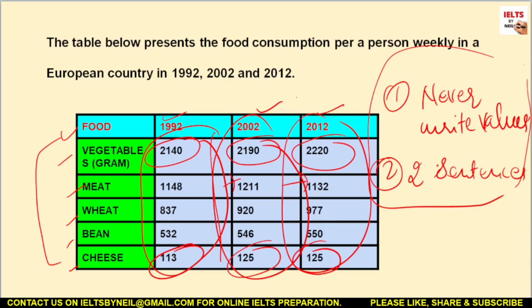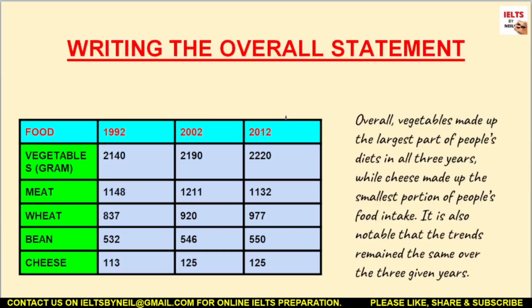Now let's see what the overall statement should look like. Here it says: overall, vegetables made up the largest part of people's diets in all 3 years. Means in all 3 years, the largest diet item is vegetables, which is true.